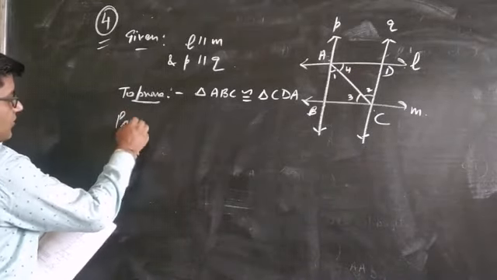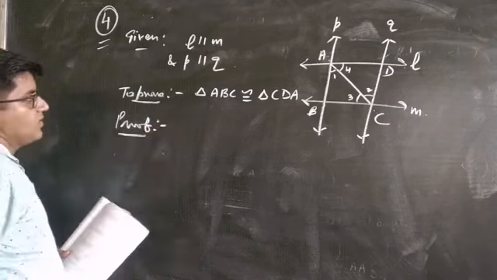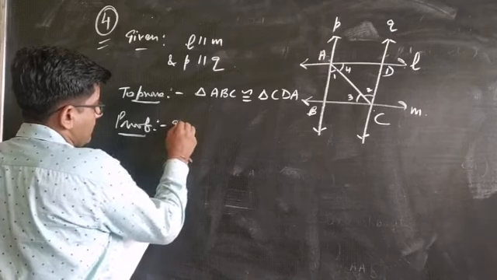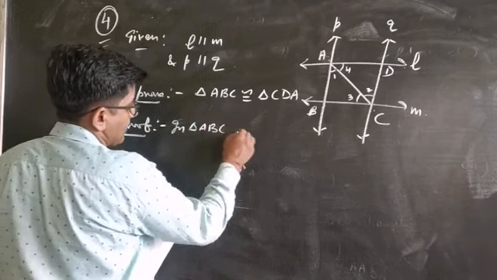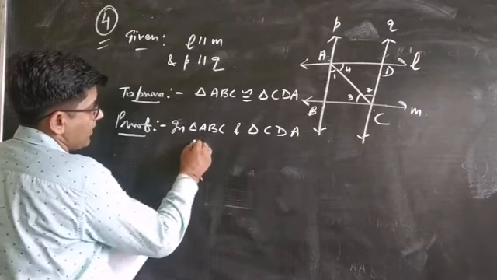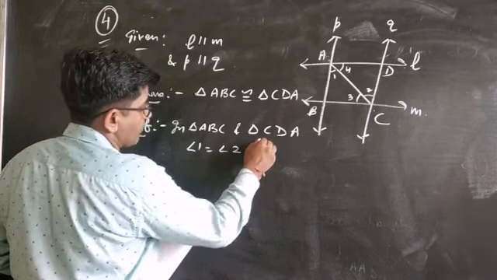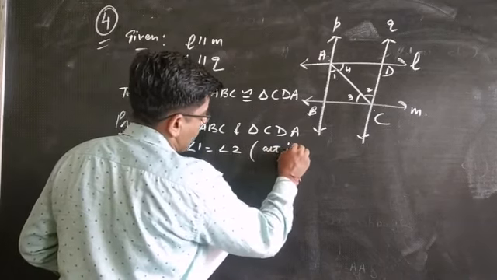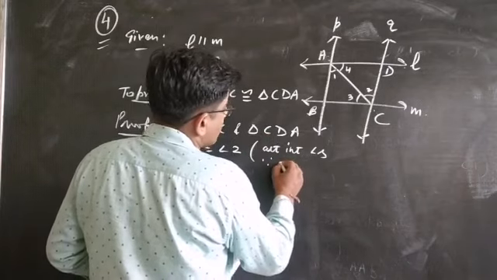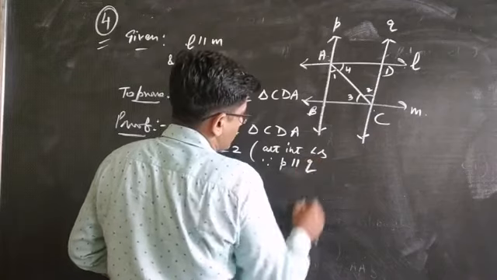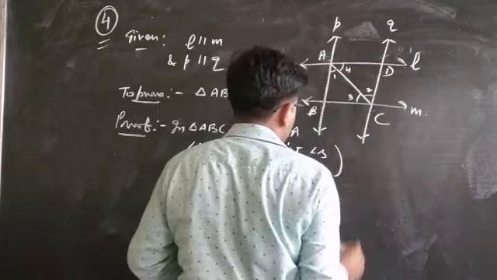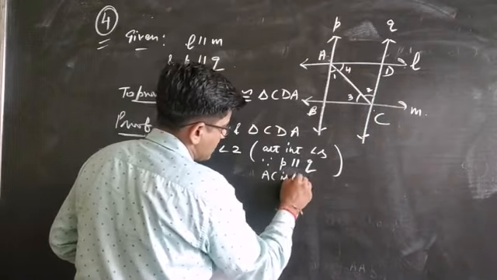So for the proof of the question, we will write in triangle ABC and triangle CDA, first of all, angle 1 is equal to angle 2, that is alternate interior angles, because P is parallel to Q and AC is a transversal.